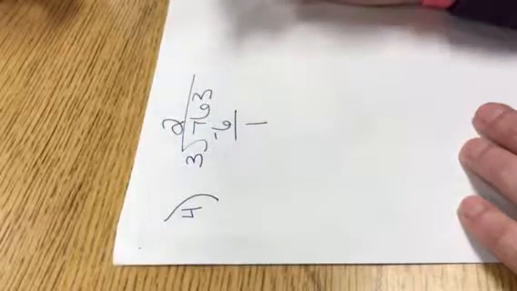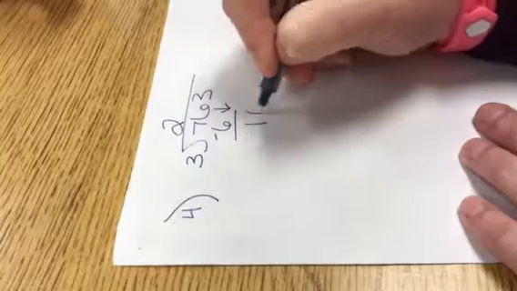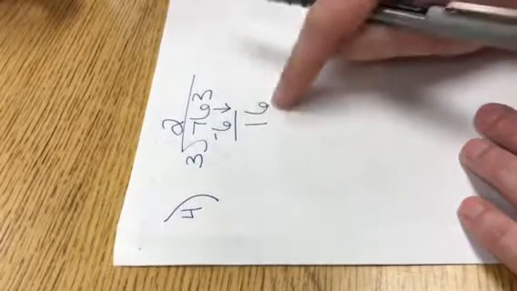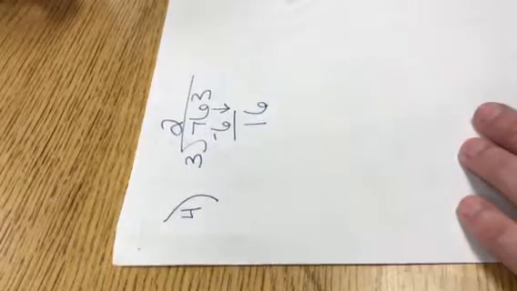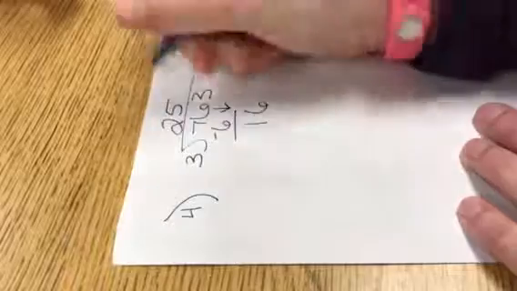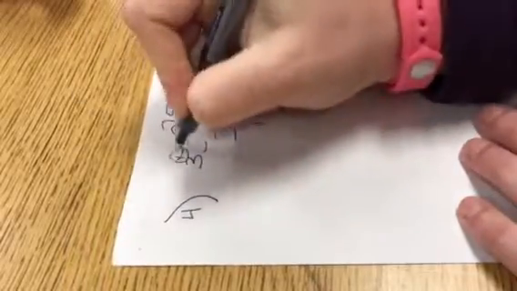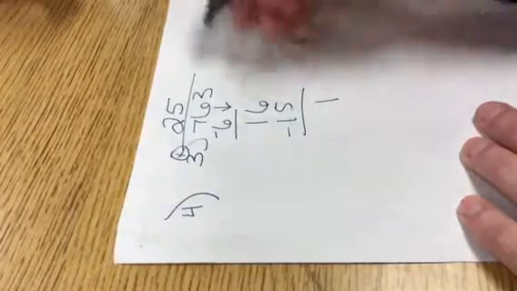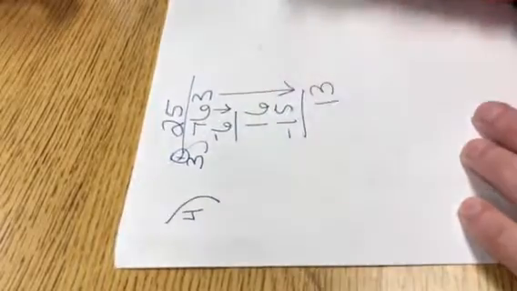I subtracted. Now I got to bring down reinforcements. All right, 3 times what is close to 16? Ooh, 3 times 5. So I'm going to place my 5 as my answer. 5 times 3, little reminder there. 15, 1 left over. Bring down your reinforcements.